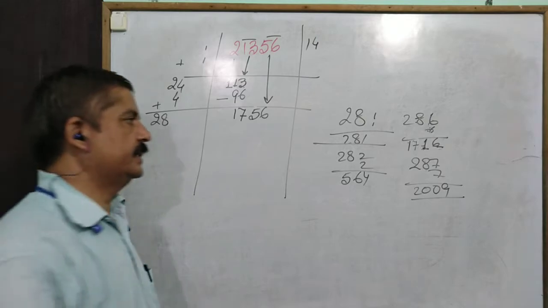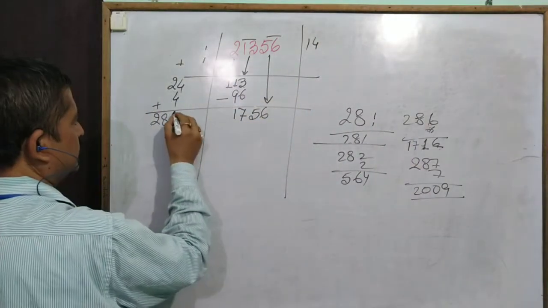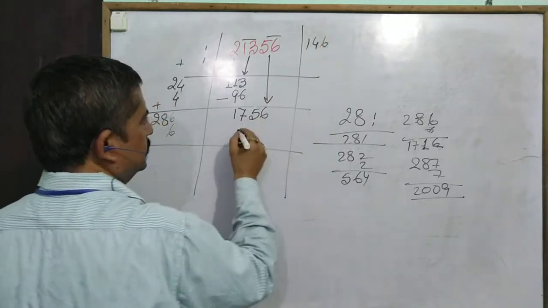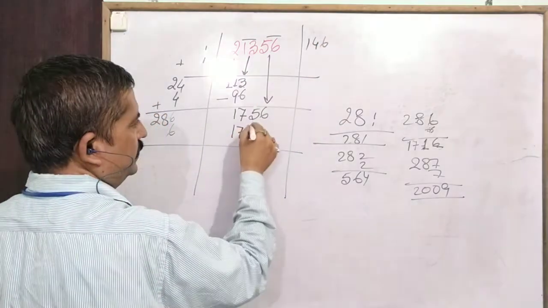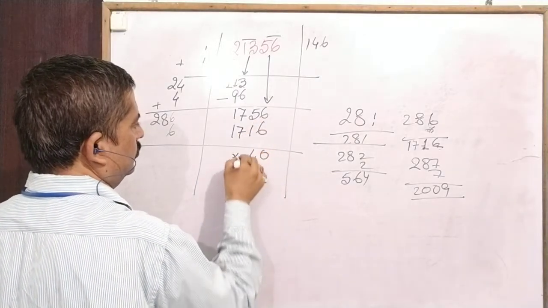So the nearest is 716. So we use that the 6, 6, 1, 7, 1, 6, 0, 4.